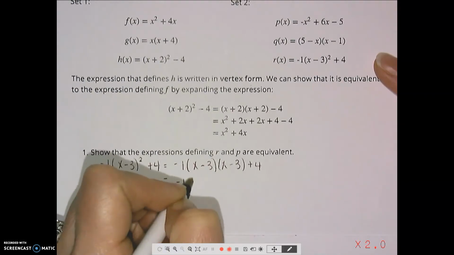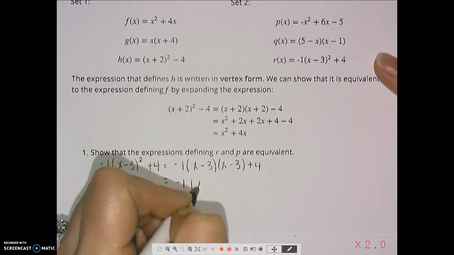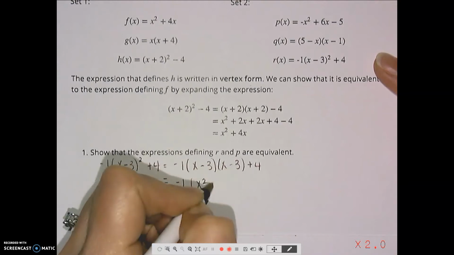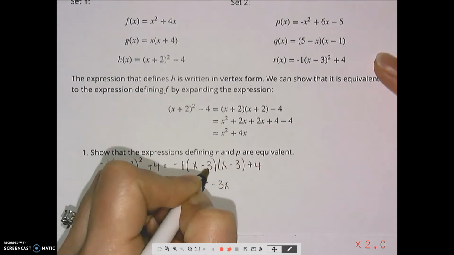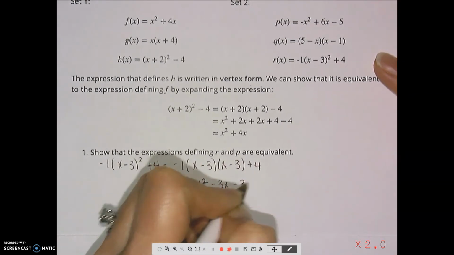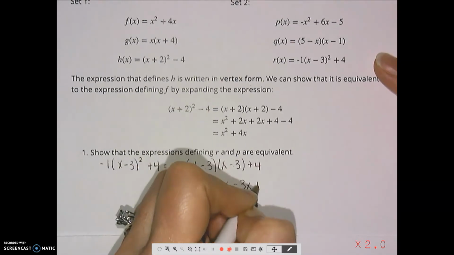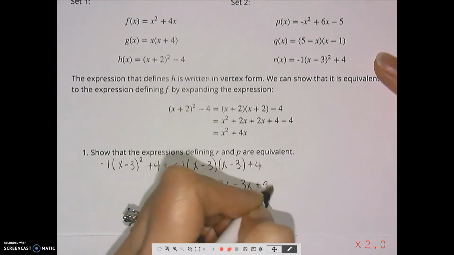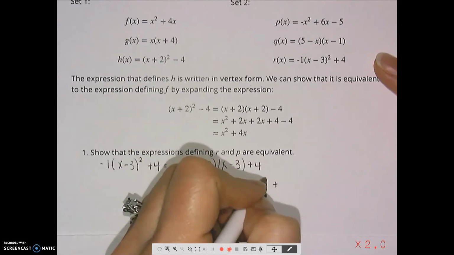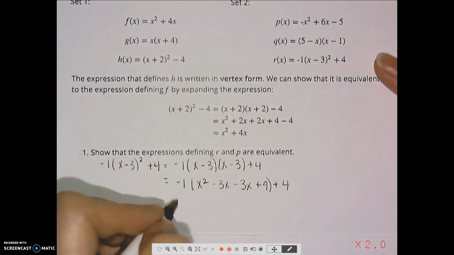Let's keep our -1 outside. When we distribute this, x times x is x squared. x times -3 is -3x. -3 times x is -3x, and -3 times -3 is a positive 9. And then we still have our parenthesis there, and we still have plus 4.